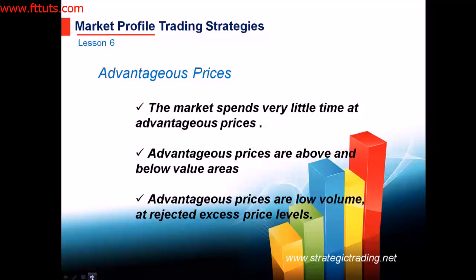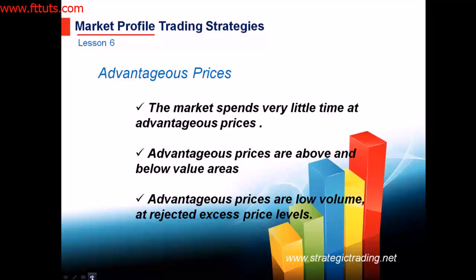So let's review the characteristics of an advantageous price, or advantageous prices. These are prices where the market spends very little time. So when the market gets to these points, you will often see price move very rapidly in one direction or the other.